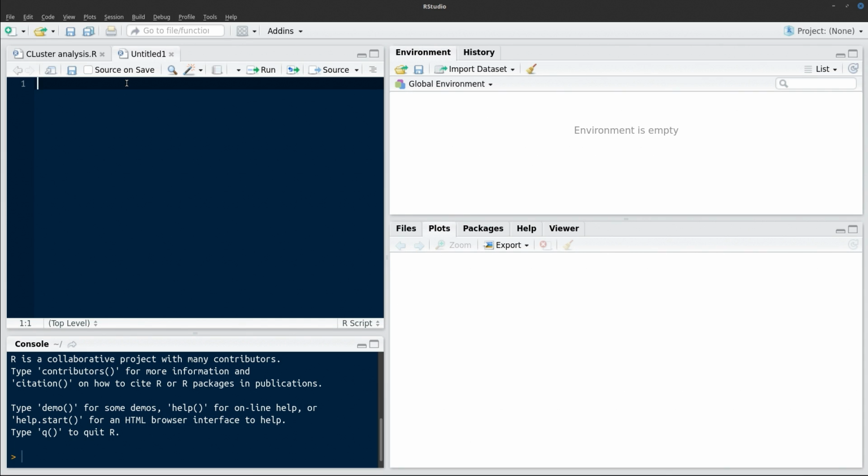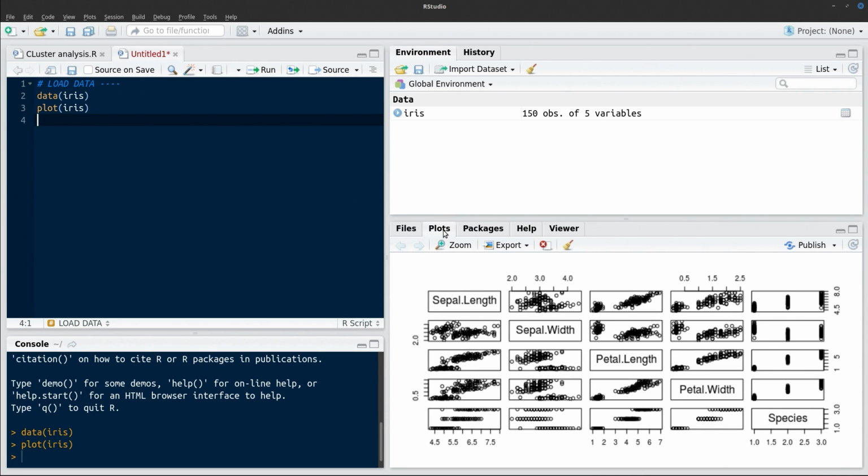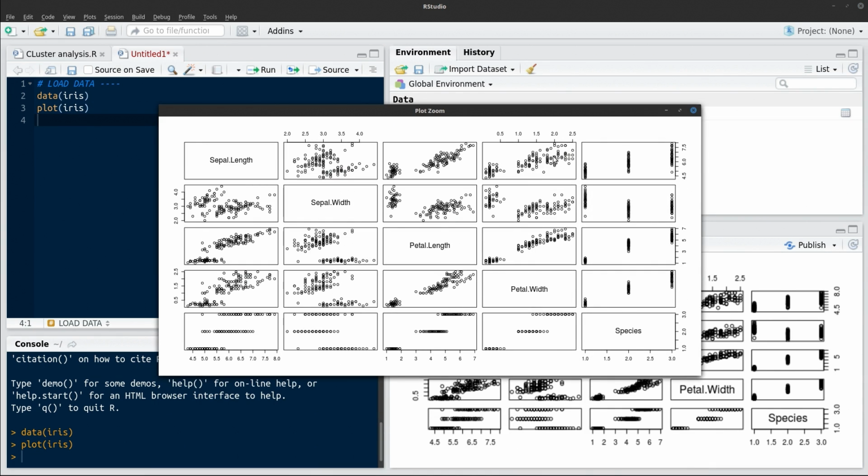So we're going to start by just loading in our favorite iris dataset. And just to familiarize ourselves with it again, we just pass it to the plot function. And we see we have a data set with four continuous variables: sepal length, sepal width, petal length and petal width, and also species.